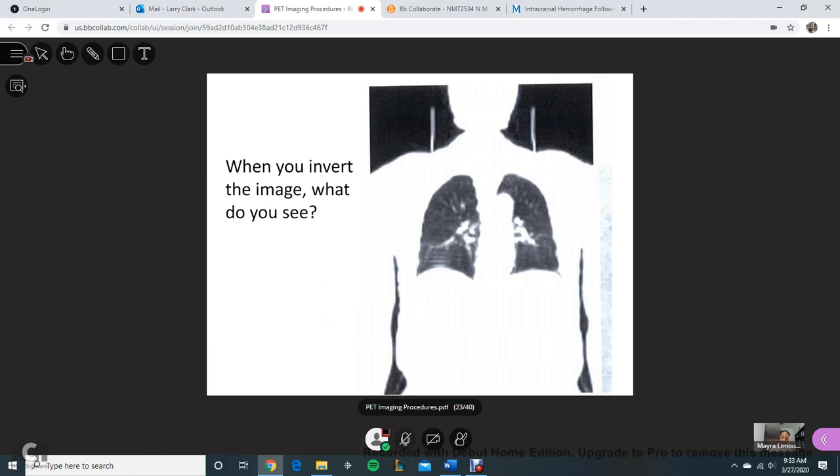Does that make sense? No, it's about if you invert the picture, your lung field should not be seen. Like right now, you're seeing these lungs, right? If you invert it, then you will not see the lungs and you would see more of the body.